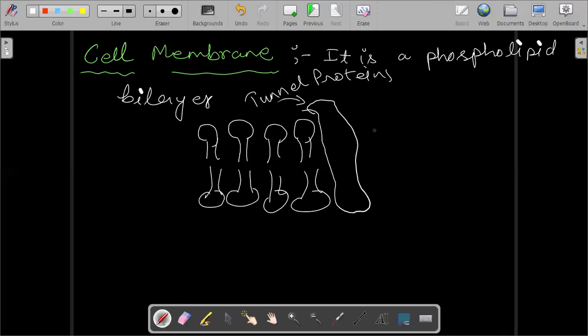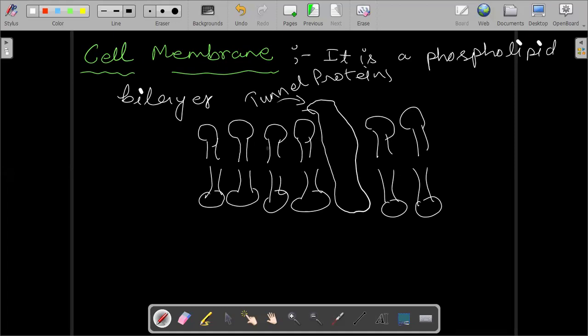Again, you will have a layer of phospholipid like this. So here like this. Got it? So understood this structure?